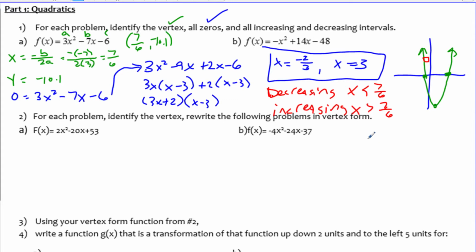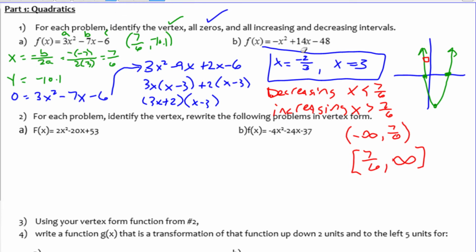Another way that you might see this written is sometimes they write it as -infinity to 7/6 for decreasing, and 7/6 to +infinity for increasing. The brackets are a little different, but we're not that concerned about those.